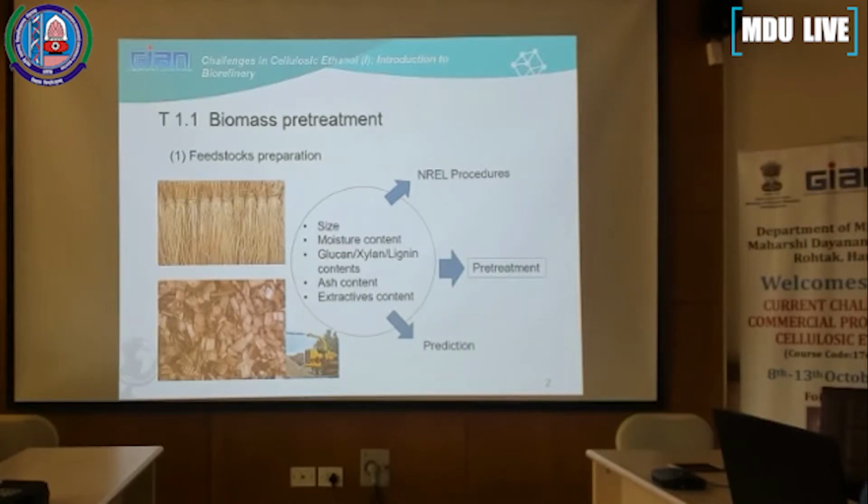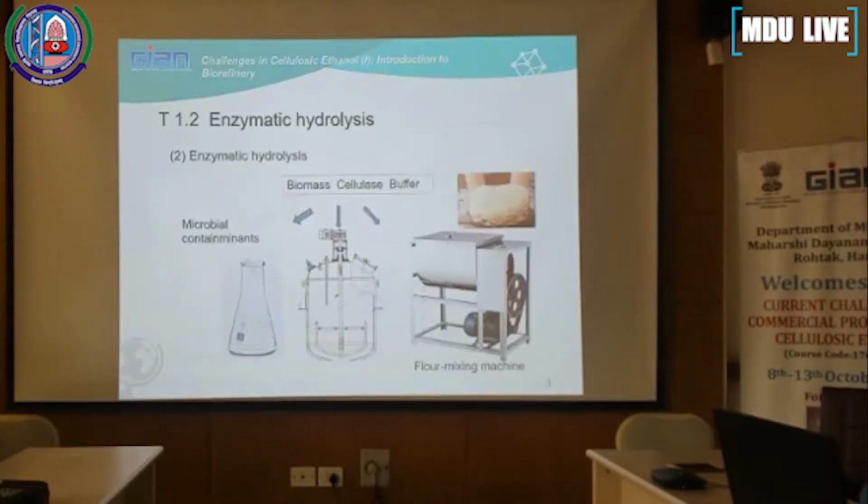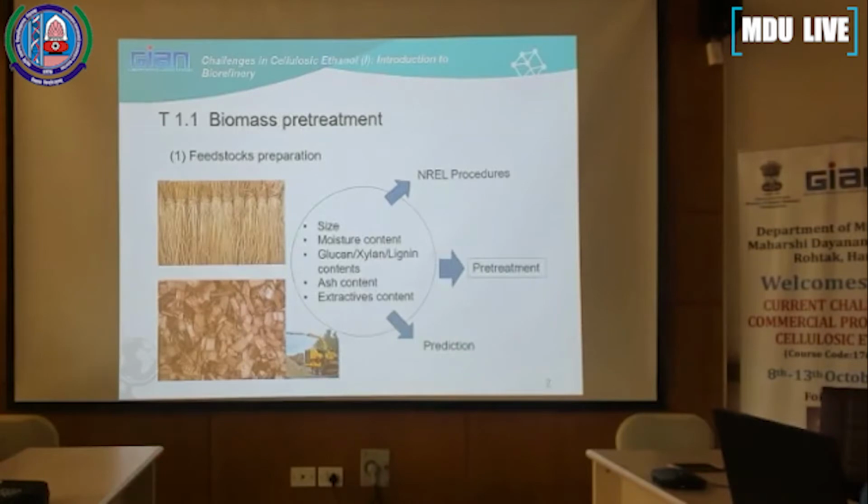This morning, we discussed the feedstocks, which feedstock we should choose. For example, if we choose rice straw or wood chips, what's the difference? Density, right? The solid density is totally different.